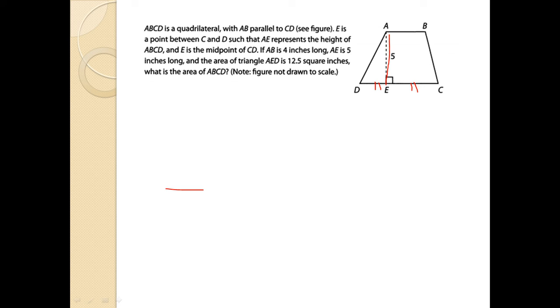AB is 4 inches long, AE is 5 inches, and the area of triangle AED is 12.5 square inches. What is the area of ABCD? So our target is to find the area of ABCD.